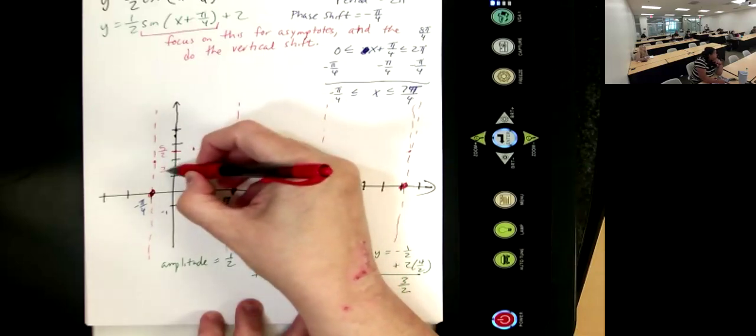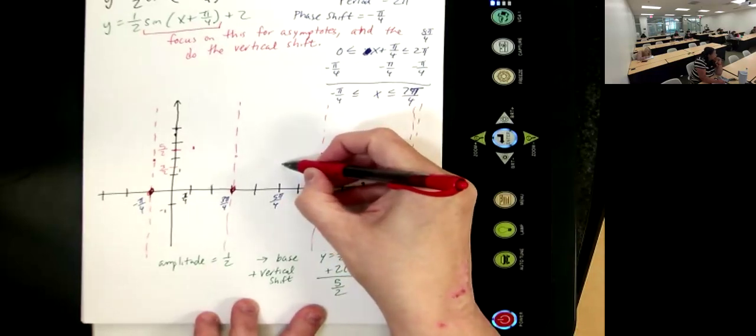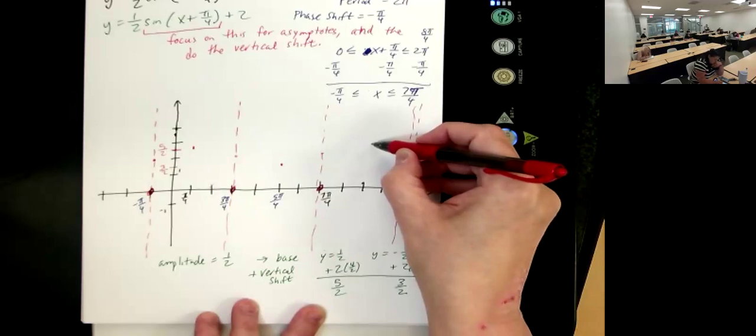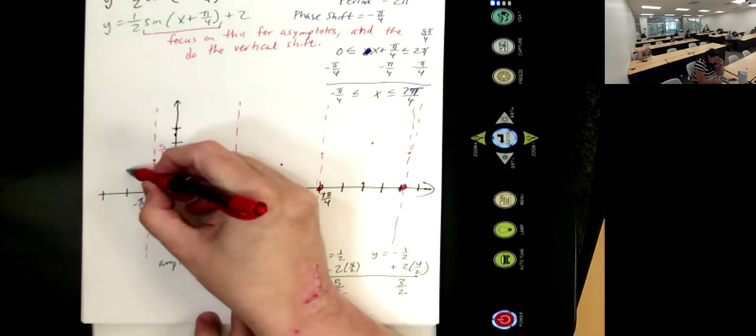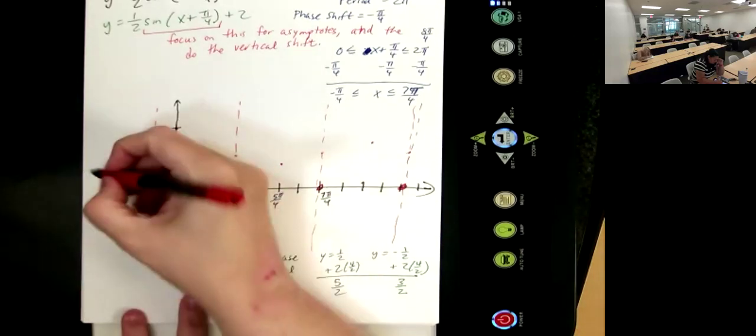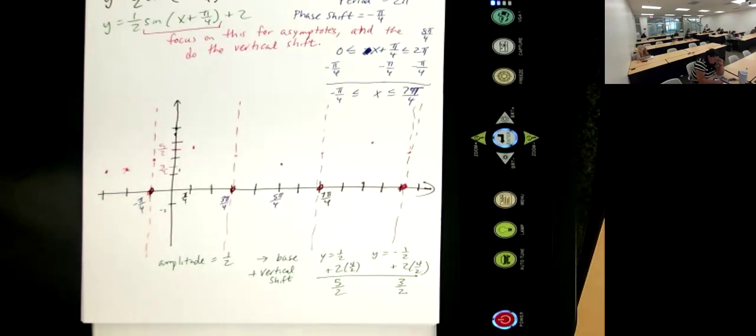And 3 halves is right about there. Oh, there. So here I'm gonna do it without penciling in my line.